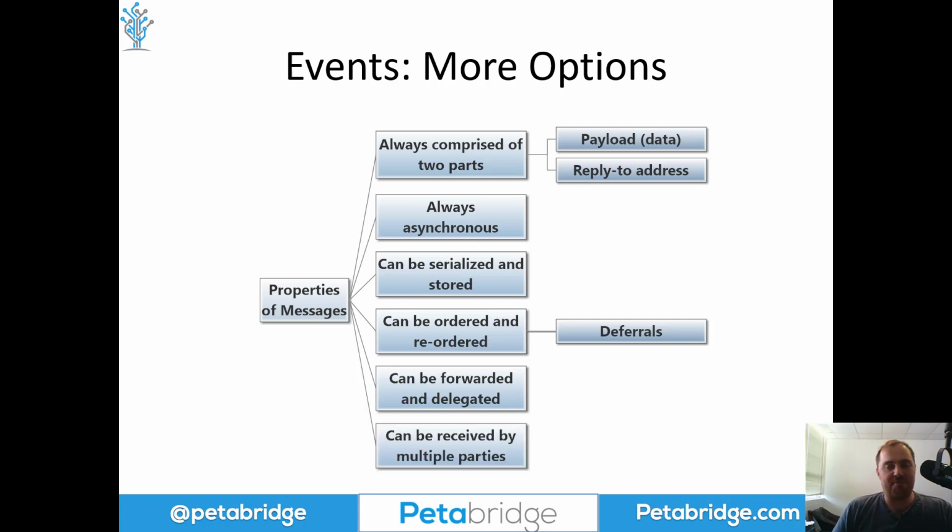Finally, the last really big benefit of events is multicasting, or broadcasting might be a better way of putting it: the ability for multiple parties to all receive and process the same message. So for instance, using an event sourcing system, I can have multiple different listeners take the events from one entity, or from one tag in something like Akka.NET, which is a way of grouping events together from multiple entities.